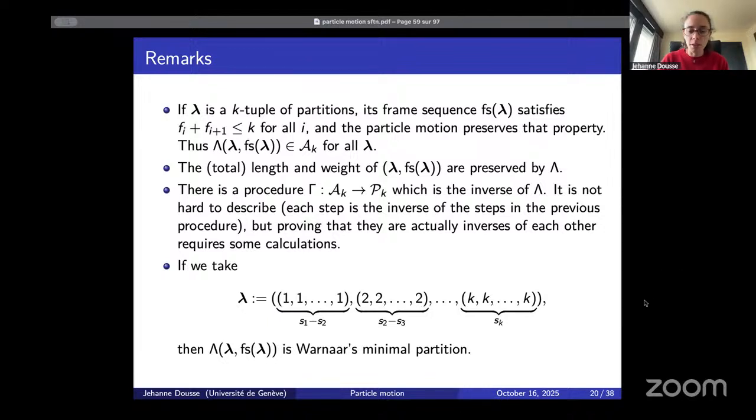So from our approach, we can deduce the approach of Warner. The contrary is not true. If we have some parts in this k-tuple which are smaller than the numbers you see here, we will get things that Warner could not get, by not having the frequency 0, basically.